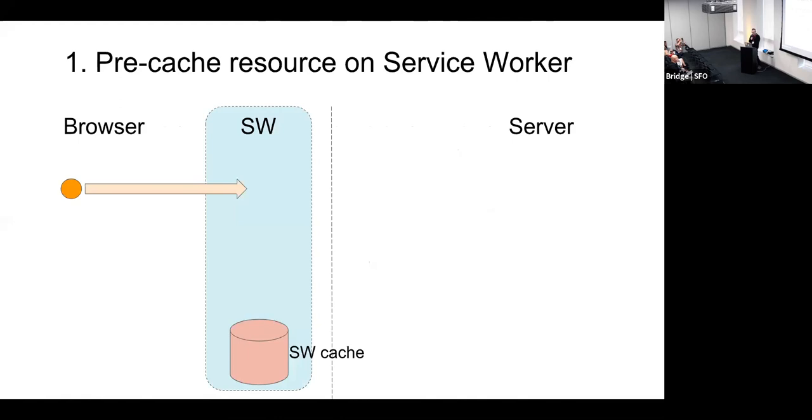So the request comes from the browser, any request for a resource, whether it be HTML or JavaScript or anything else. Service worker lives on the browser, and it has its own service worker cache. And bear in mind that cache, it's a distinct cache. It's not the memory cache or the disk cache or any other cache that we're familiar with.